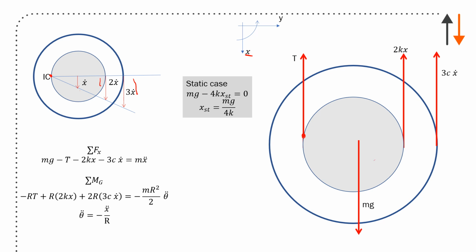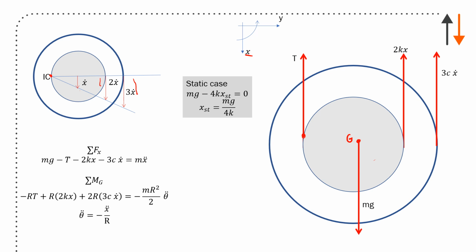G is the center of this disk or spool. And it's minus RT plus 2kx times r plus 2r times 3c x dot equals, and in this case it's a spool and you're given, minus m r squared over 2 theta double dot.